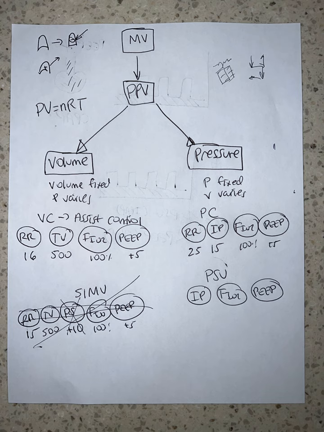I can't remember if that's the ideal gas law or Boyle's law, but pressure and volume are inversely related. So in volume ventilation, volume is fixed and pressure varies. In pressure ventilation, pressure is fixed and volume varies. Either way, you can accomplish the same thing.